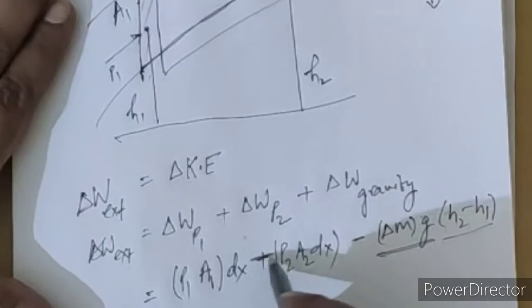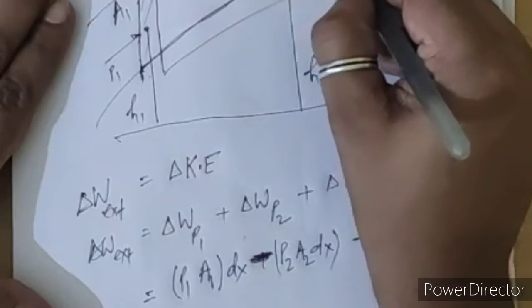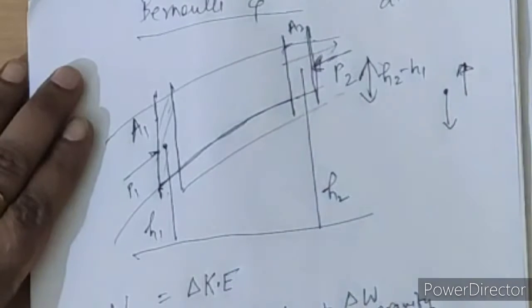Yeah, this work done will be also negative because the pressure is in this direction and movement is in this direction.